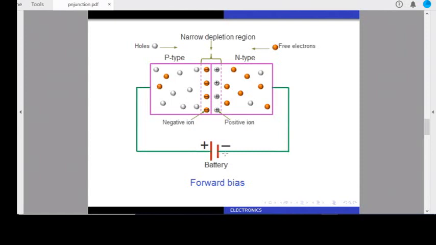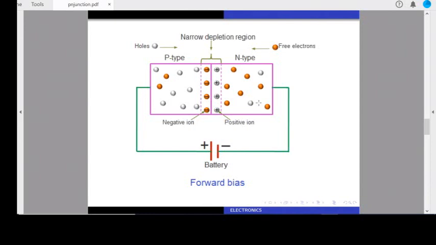Also, the negative terminal of the battery is connected to the n-type side. This implies that there is going to be a repulsive force by the negative terminal onto the electrons that are found in the n-type side of the p-n junction.